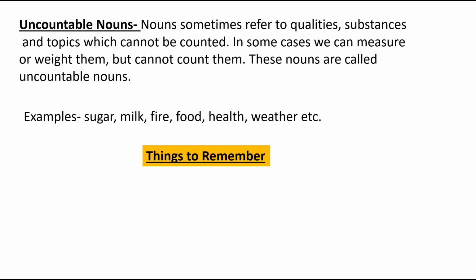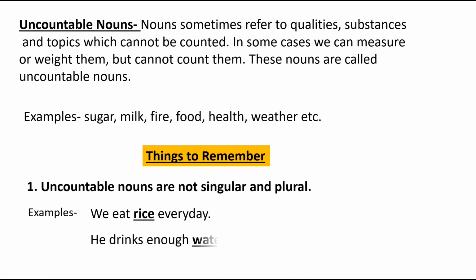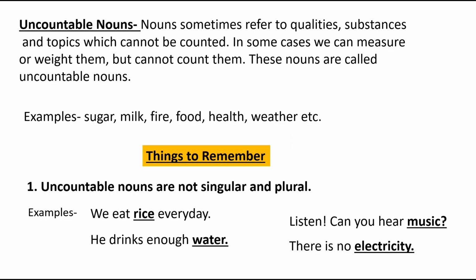Things to remember. Number one, uncountable nouns are not singular and plural. Examples: we eat rice every day. He drinks enough water. Listen, can you hear music? There is no electricity. So here rice, water, music, electricity are not in singular form or plural form.